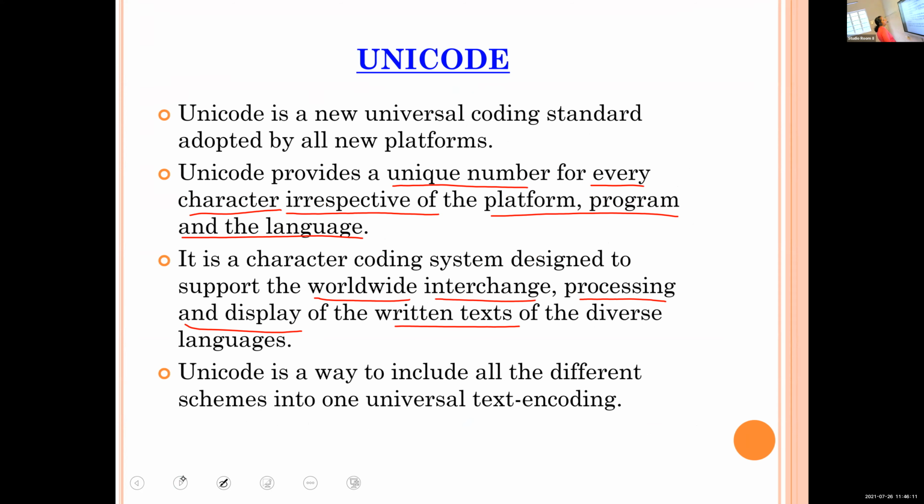Then about Unicode, learn the expansion of Unicode by heart, and also the points related to it. These are the 2 important points. Study these 2 points.